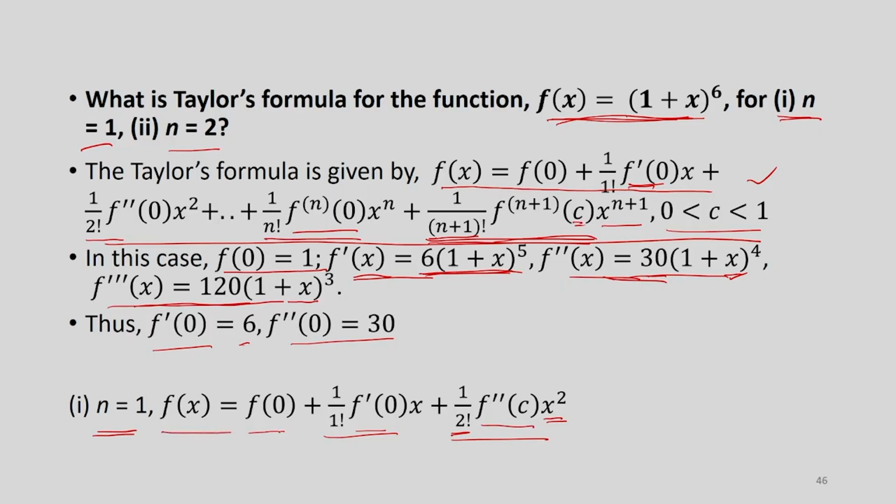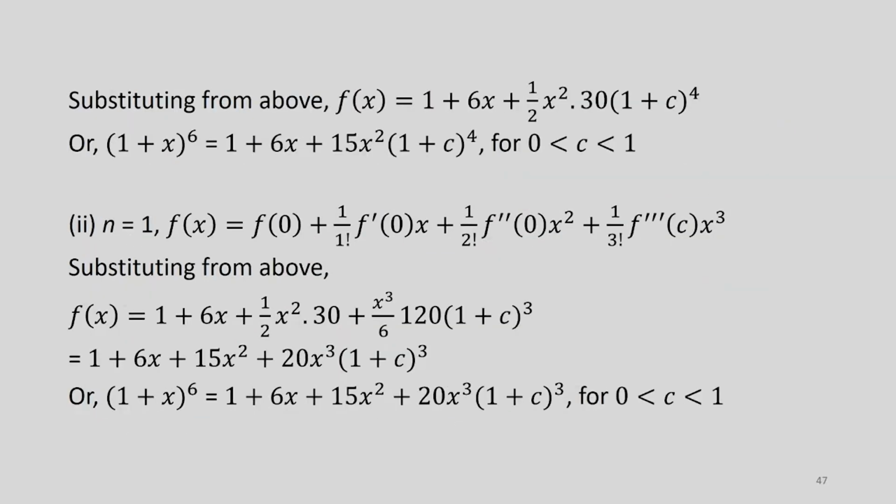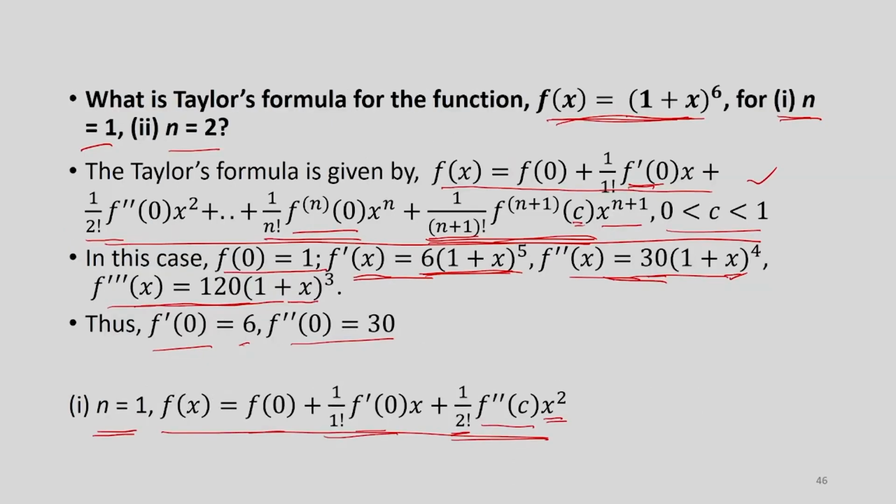So this is how it looks like for n is equal to 1, and I substitute the values that I have just found out. I have found out f of 0, which is 1, f dashed of 0 has been found out to be 6, f double dashed of c, f double dashed is this, so here instead of x, I will write c here, and that will give me this term.